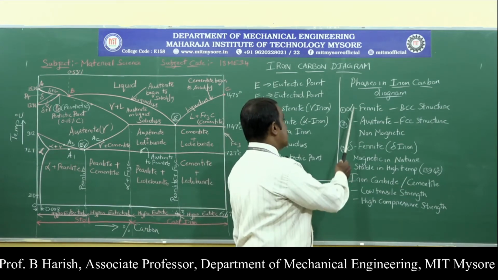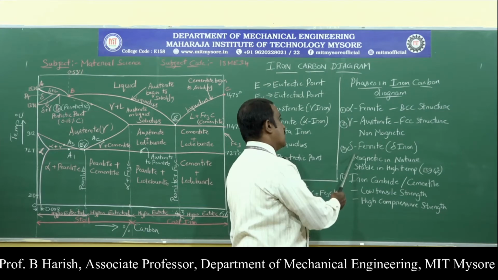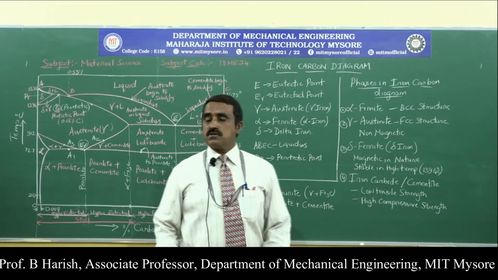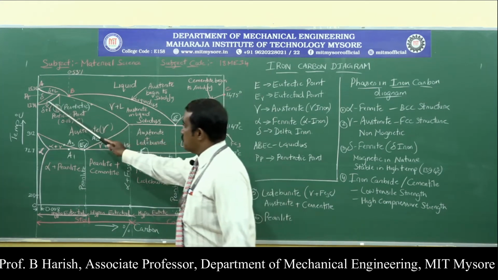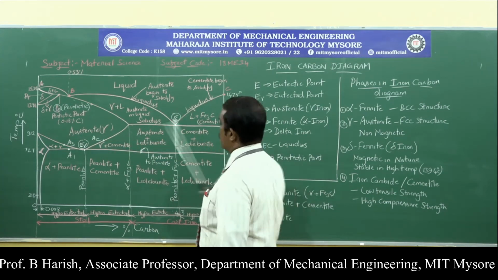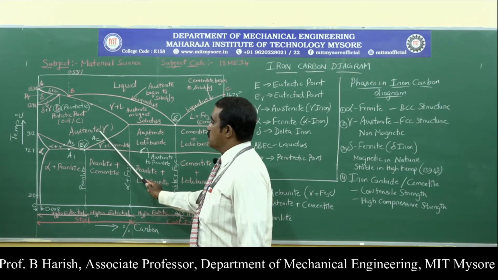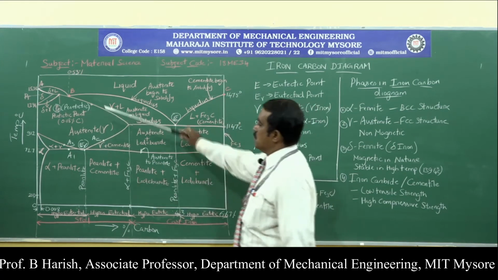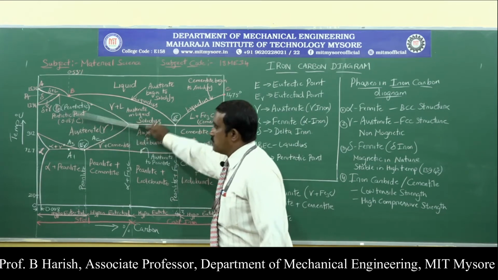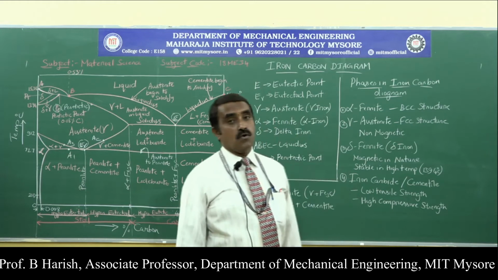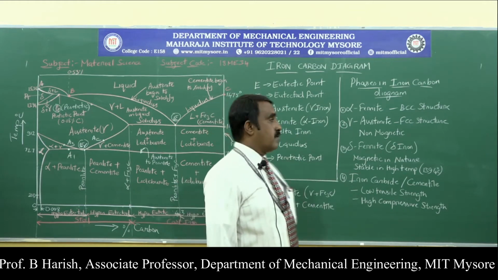Then the second one, among alpha, gamma, delta, is gamma austenite. You can observe here, this is the gamma, austenite. This is the other phase we can study in the iron carbon diagram.